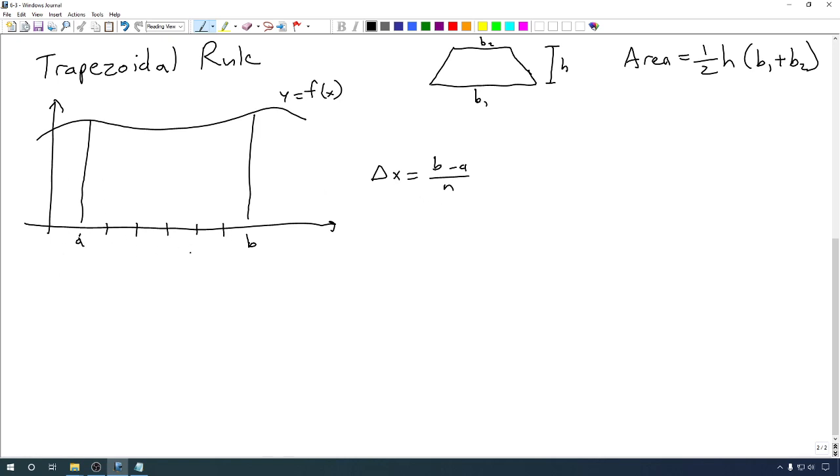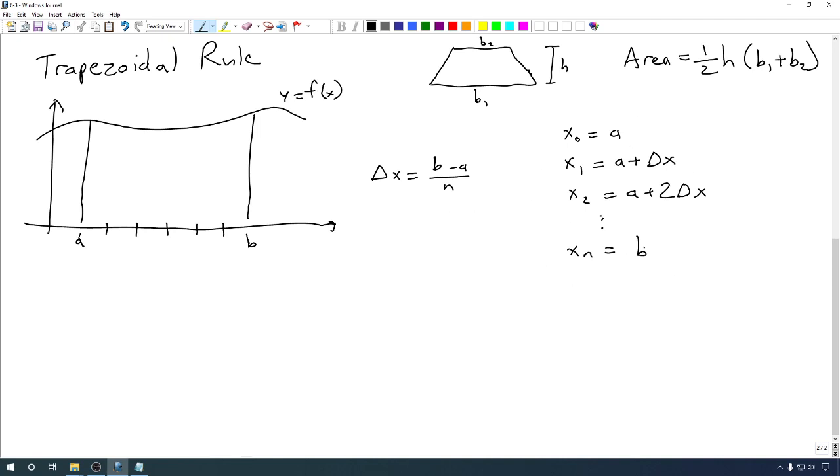We're going to have all these endpoints of our subintervals. You can say x naught is going to be a. x1 is going to be this next one. That's actually just going to be a plus delta x. x2 would be, well, we're going a delta x further, so a plus 2 delta x's, and so on and so forth, until we get to x sub n, where after we add n copies of delta x, we get all the way to b.